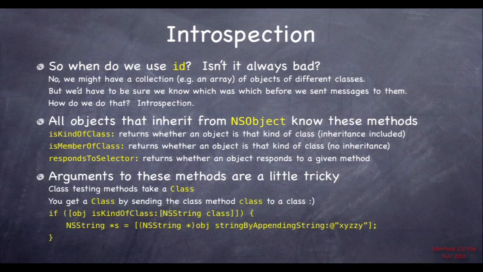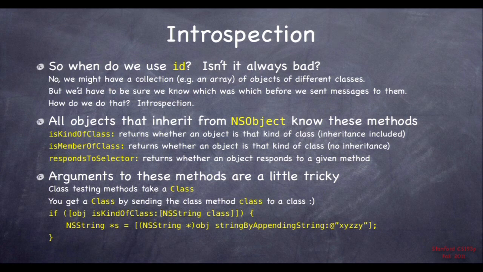The arguments to these two methods are a little bit tricky, so it's kind of a take-my-word-for-it. Here we have isKindOfClass, and the argument to it is a class, actually the same kind of class that we were talking about when we talked about class methods. But you can't syntactically say isKindOfClass colon NSString, close square bracket.